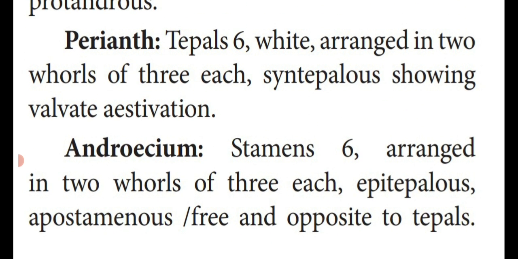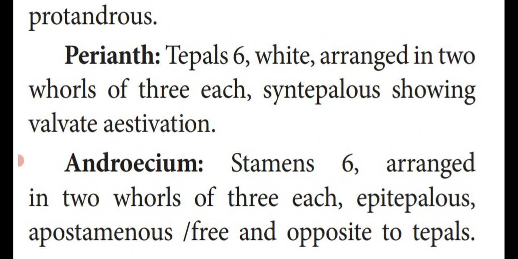Next one, perianth. Dear students, already explained in the general character, calyx and corolla are absent. Instead of that, they are modified into a special structure called perianth. Individual one of the perianth is called tepal. In Allium cepa, 6 tepals are present, white in color.